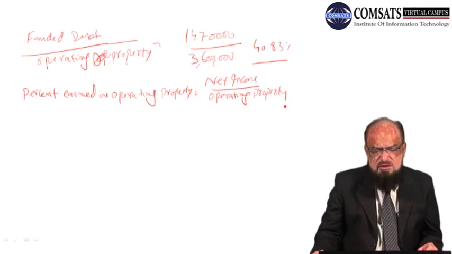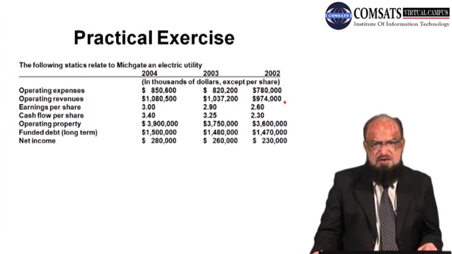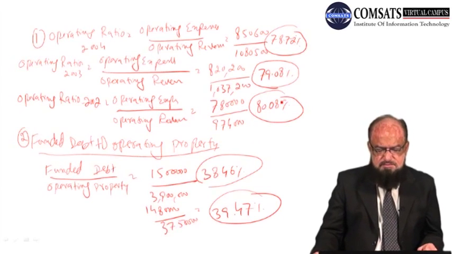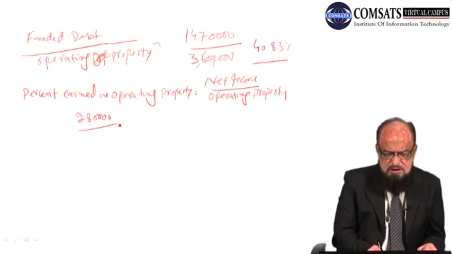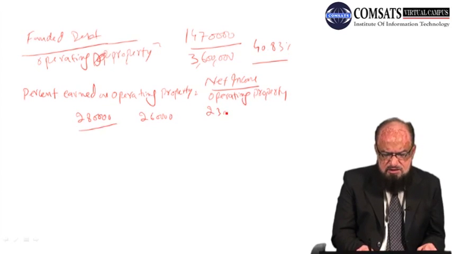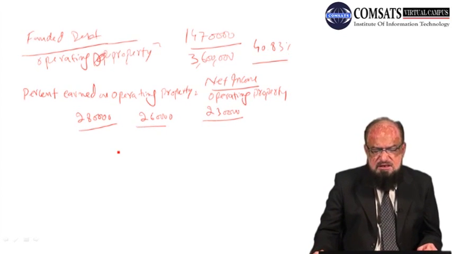Net income is given in the question: $280,000, then 260,000 for year 2003, then 230,000 for year 2002, divided by operating property.